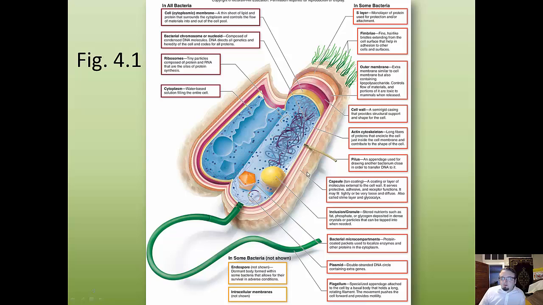That's an example of one of the things we'll find in this topic. Also, an S layer is shown right here, just below the capsule, an extra layer around the cell. The next part we're going to talk about are the light pink, the darker pink, and the yellow layers here. Those are what are called the cell envelope, and we'll talk about those next.